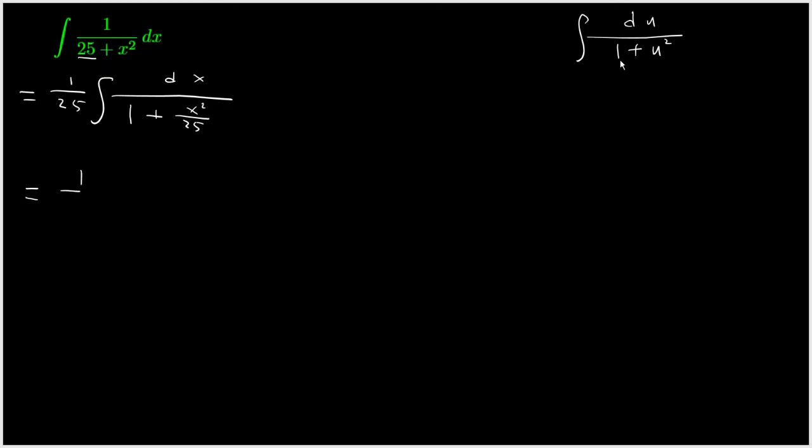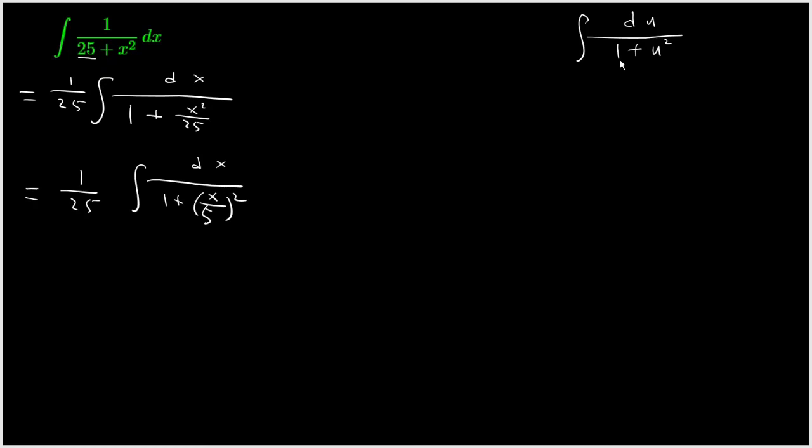And then you have 1 over 25 in here. On the numerator you have dx, on the denominator you have 1 plus the second term, which I'm going to rewrite in the form of x over 5, the whole thing squared. I think all of you know this, as long as I remind you.